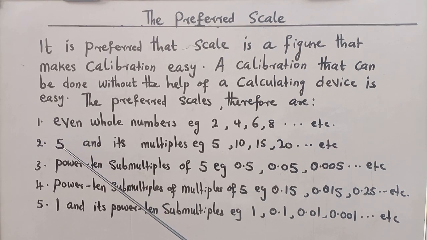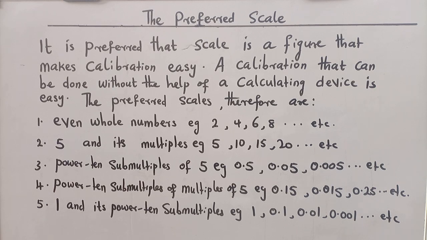Number 2, the preferred scale is 5 and its multiples. Though 5 is an odd number, not an even number, we can use it for calibration. So if you get 5 as the answer after calculation for scale, and you want to use that 5 for calibration, it is acceptable. Why?